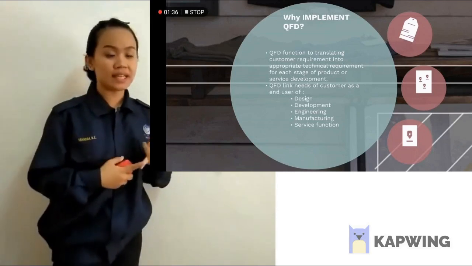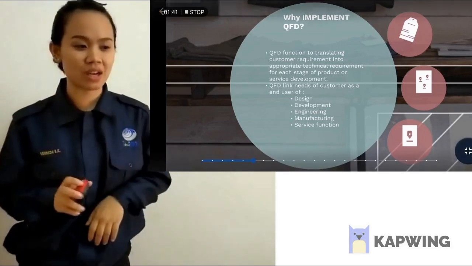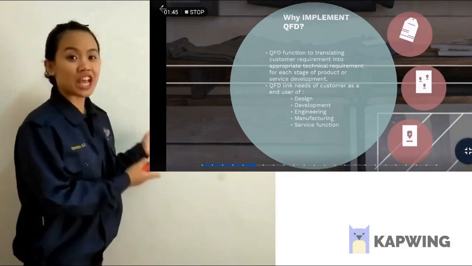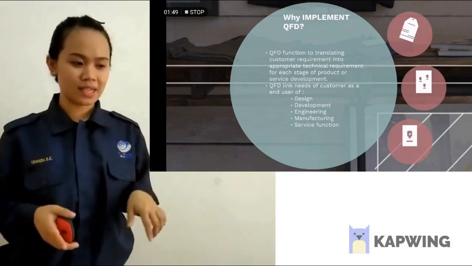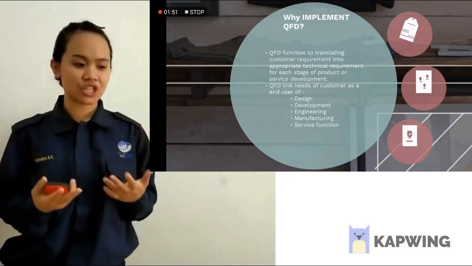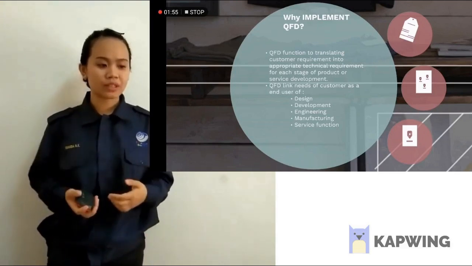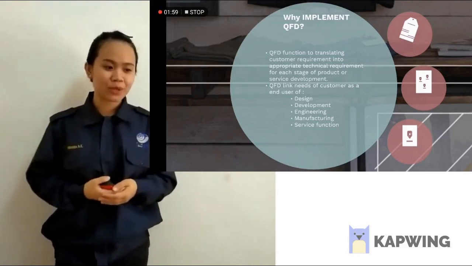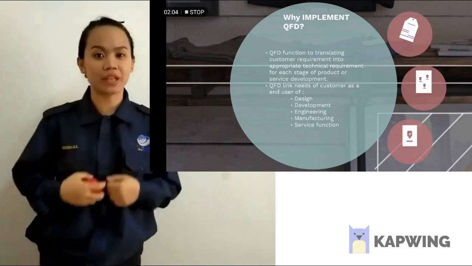QFD links the needs of the customer as an end user to design, development, engineering, manufacturing, and service functions. QFD methodology is an effective communication of the voice of customer, which allows the entire organization to work together and produce a product with a high level of customer perceived value.